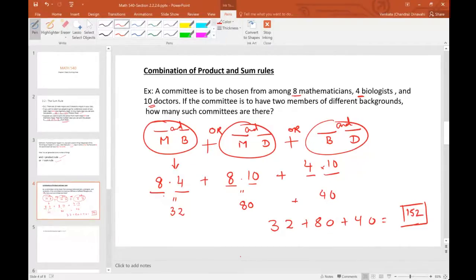This is a typical example where you have a combination of both the product rule and the summation rule. In each piece you are using the product rule, and then combining the 2 different pieces you are using the summation rule. You are going to see some problems like this in assignment 1, which I'm going to post today.